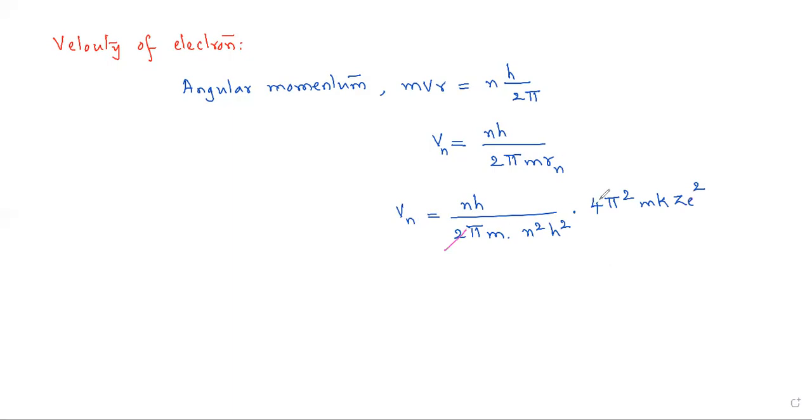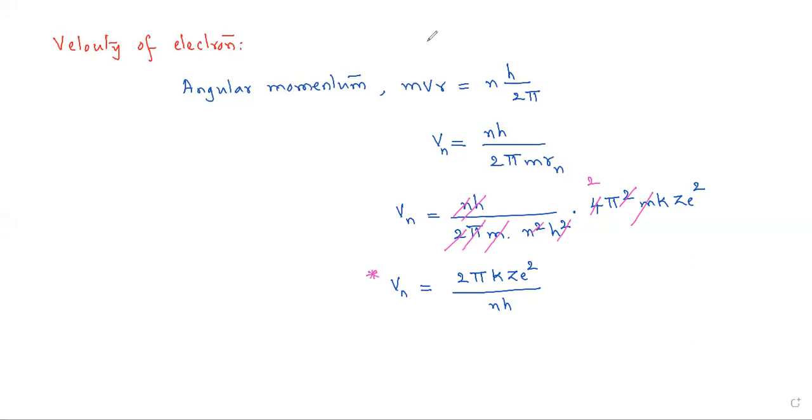So the two pi get cancelled. m gets cancelled. n is gone. h is gone. So what is the thing left? vn is equal to 2 pi k Z e square by nh. Okay, so this is the expression for velocity of electron in nth orbit.